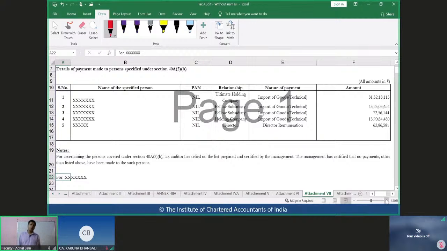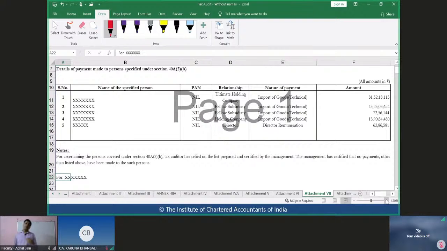To ensure that all of the related parties have been captured is considered to be a very difficult exercise, for which various procedures can be performed by the auditor. It's also not something which is impossible, but yes, this will also require management representation for sure.